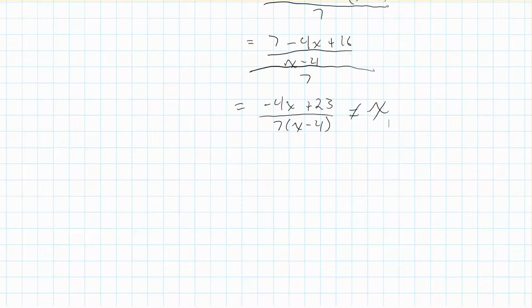Let's do f of x and g of x. So since I've scrolled up a little bit here, let me rewrite these down. So f of x again is x minus 4 over 7, and g of x is 7x plus 4.